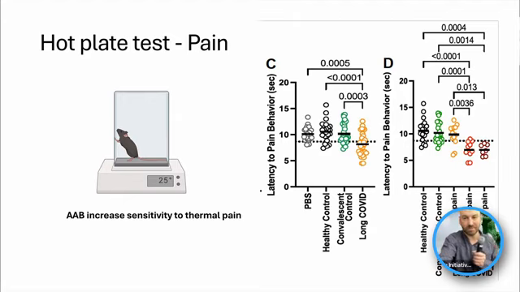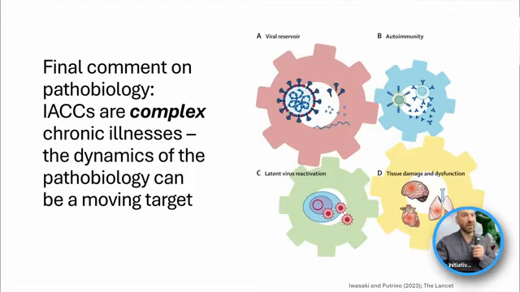uncover the pathobiology. So we'll stop there on pathobiology, but just the final comment is I hope that I've impressed upon you how complicated this is and how so many of these things can be happening all at once. And so as we move into treatment and treatment approaches, I hope that all the physicians in the room are appreciating that this is also why people with IACCs have this often whack-a-mole style symptom profile where you knock one thing down and something new pops up.